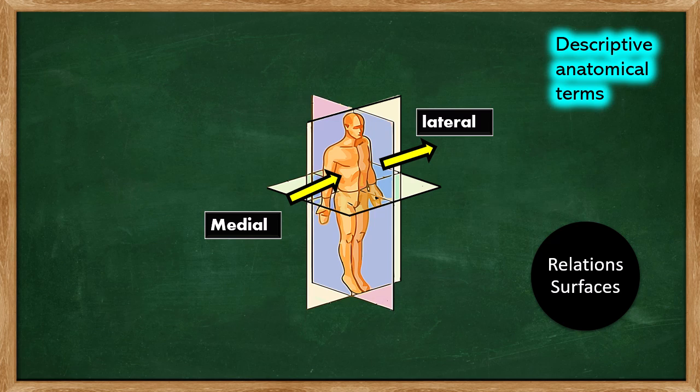Likewise, we can have lateral and medial relations. That means medial is towards the midline of the body or towards the mid-sagittal plane. Lateral is away from the mid-sagittal plane.